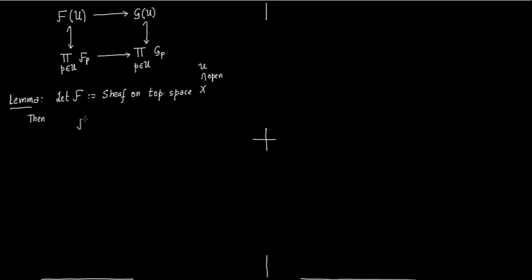This is very important, because now you can think of a sheaf in terms of stalks. So this map is injective.